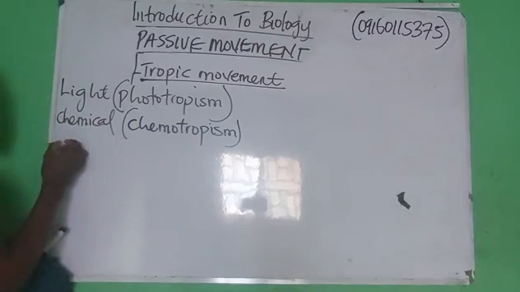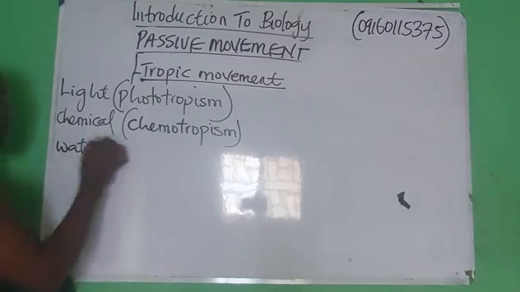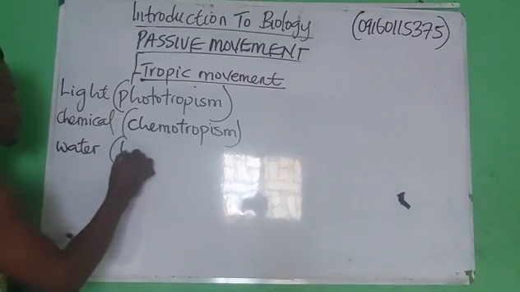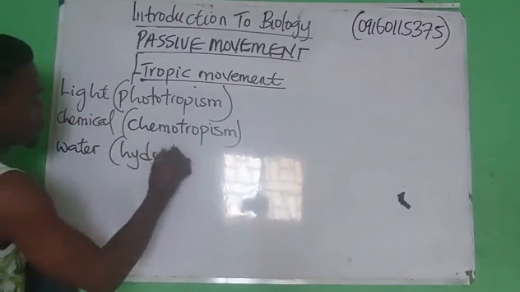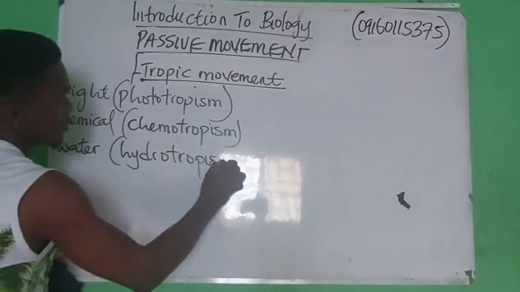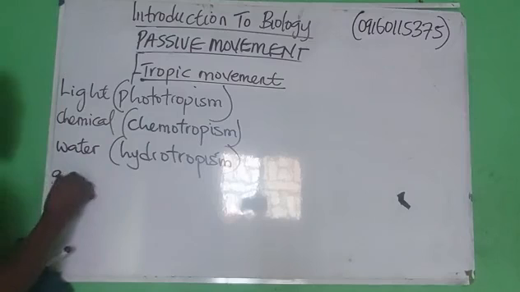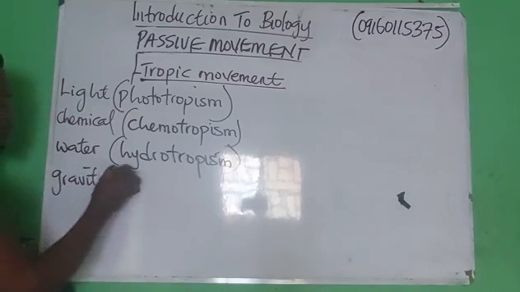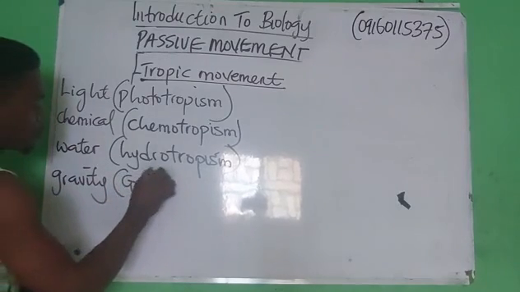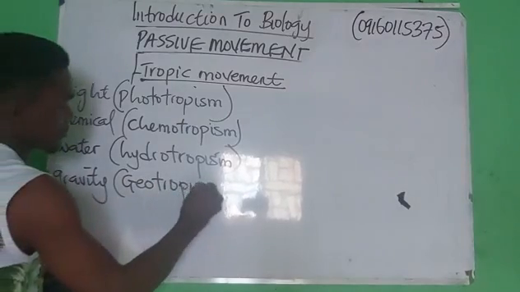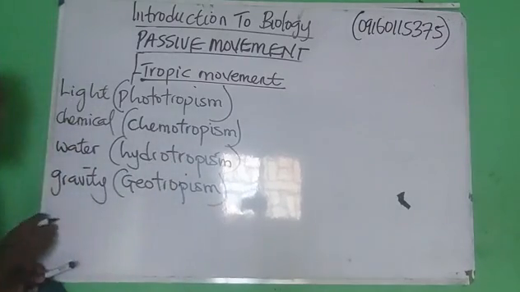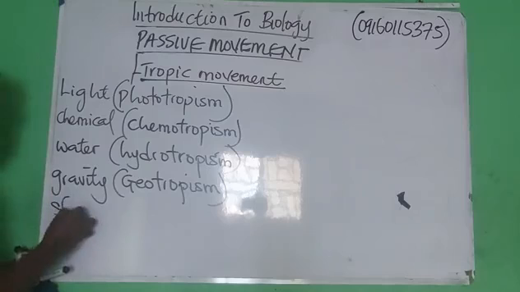Now we have response to water. Water is hydro, so it becomes hydrotropism. Then you have gravity. Response to gravity is geotropism.